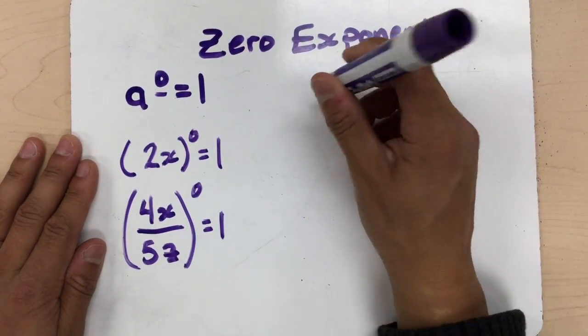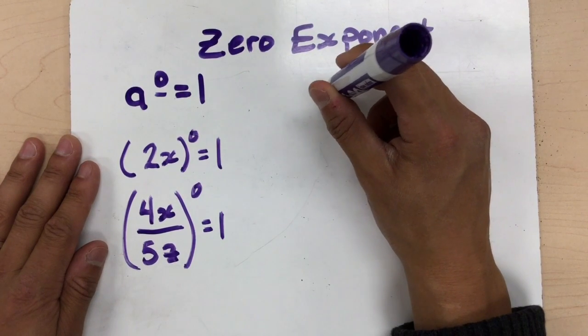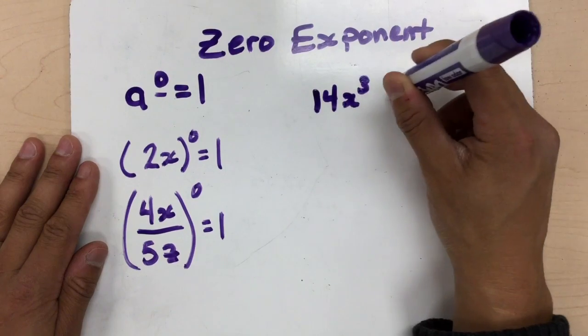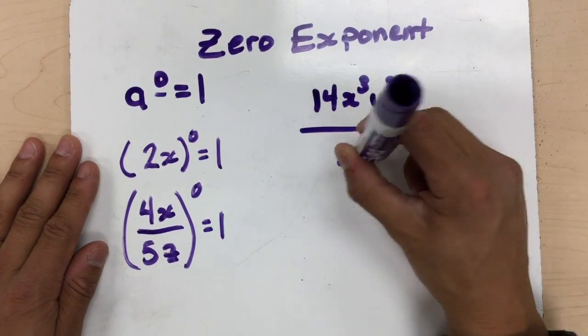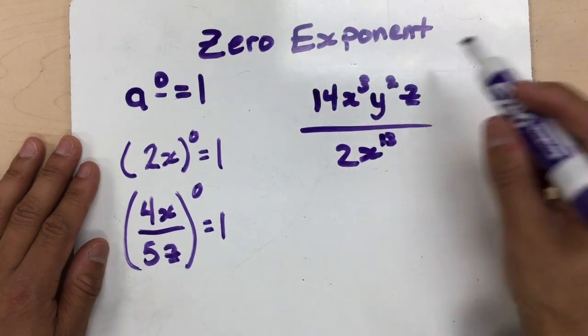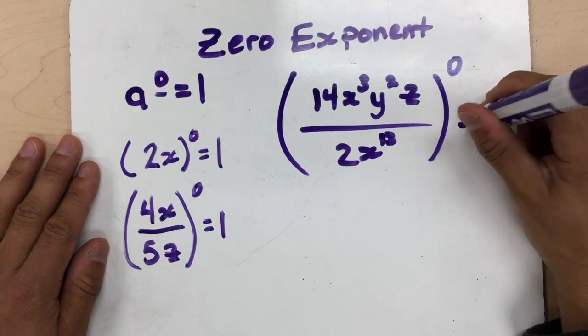So if you have a really terrifying looking expression, maybe 14x cubed y squared z divided by 2x 13 as an example, but we raise this to the power of 0, this is equal to 1.